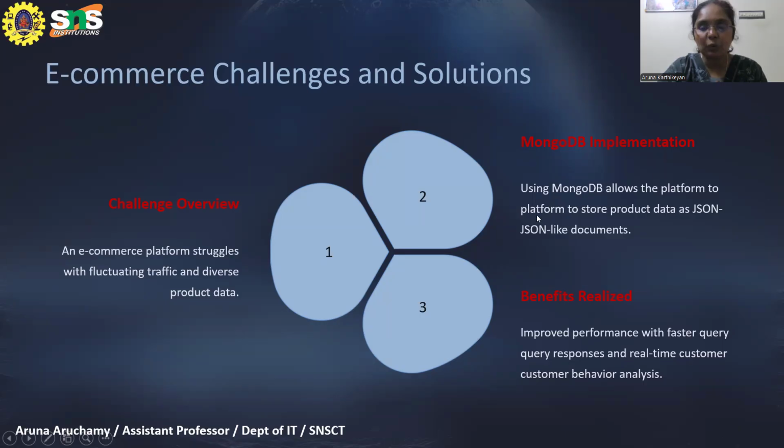Our platform can store the data in JSON-like documents, so we can improve query performance and make queries faster, and my response takes less time. Real-time behavioral analysis also happens if you use MongoDB in an e-commerce application. Due to that, fluctuating traffic can be handled, and diverse data sets can also be handled.